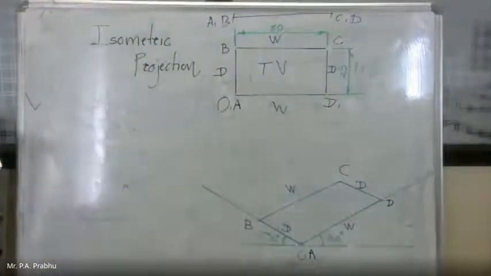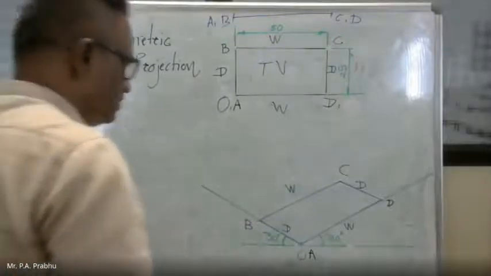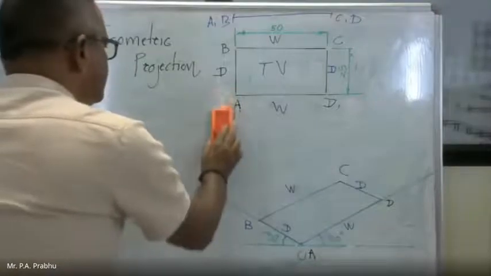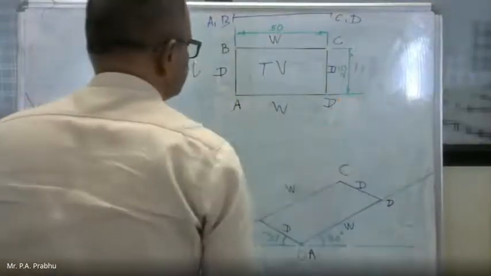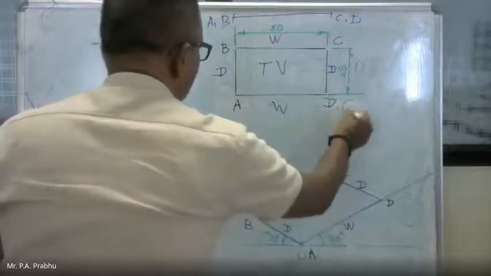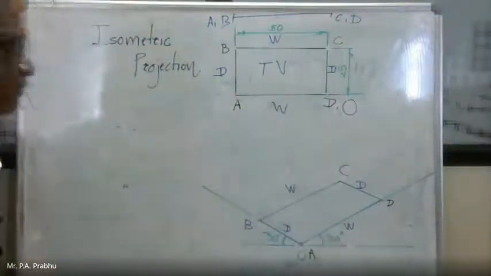Now, if you have understood, draw the same figure in your drawing, the whole figure. Now I have changed the origin to point B. What will be the change in the isometric drawing?